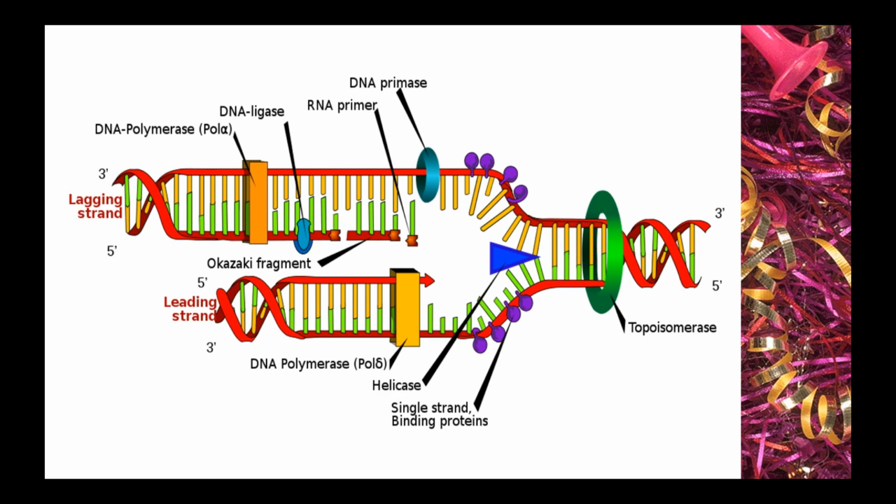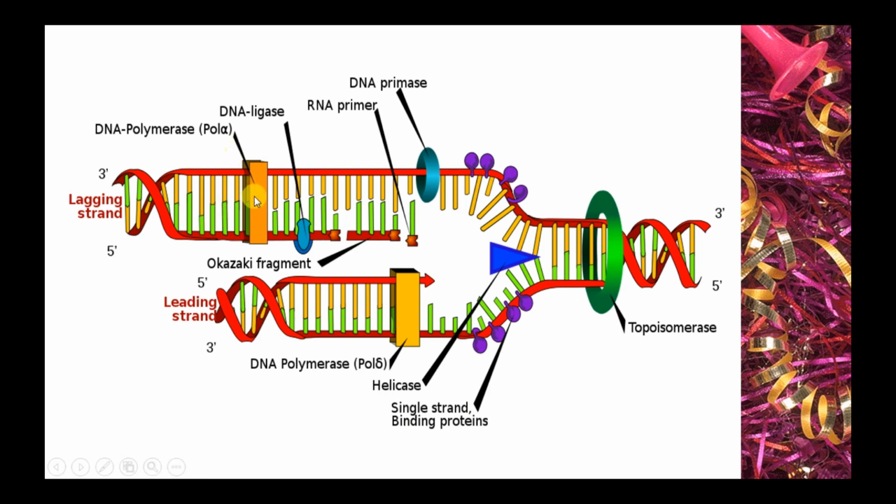And here you can see, SSBP will bind to the parental molecule, primase will form a primer at the end, and DNA polymerase 3 will start the formation of the new strand.